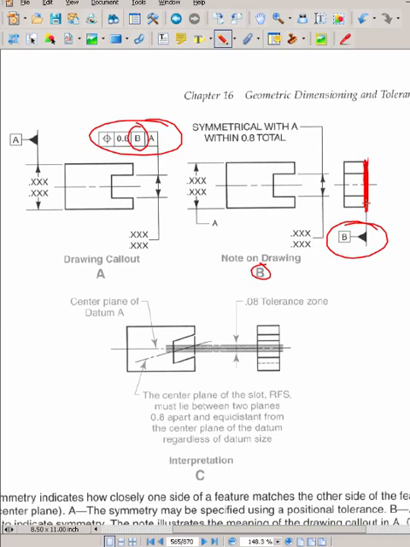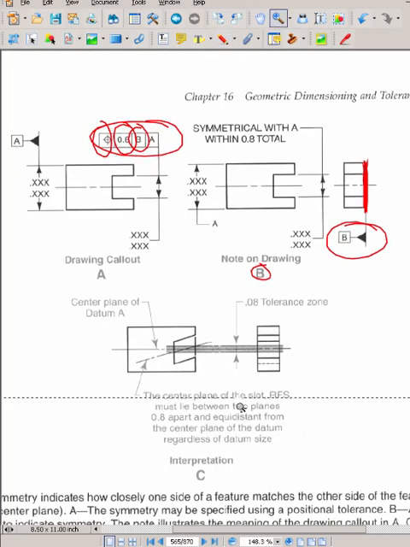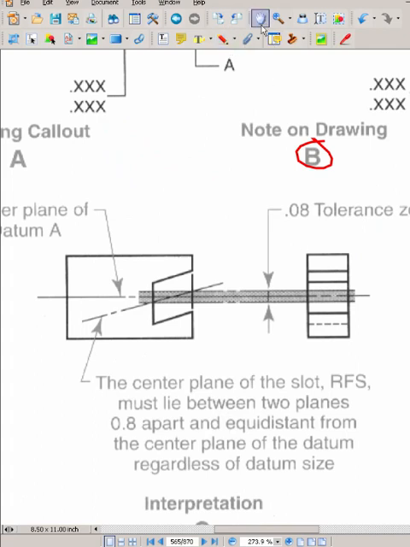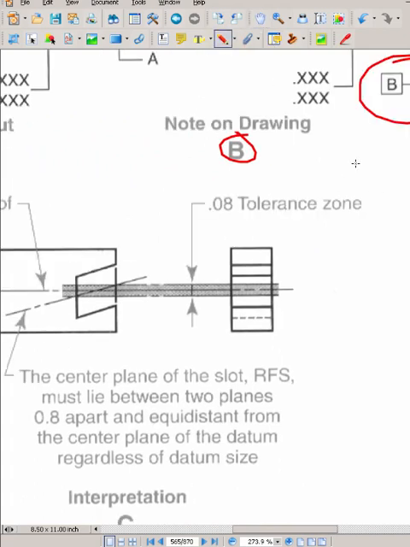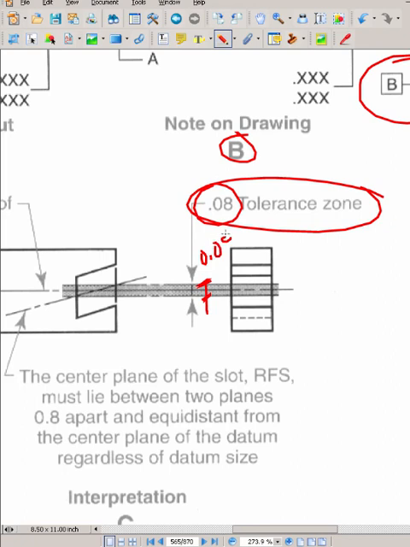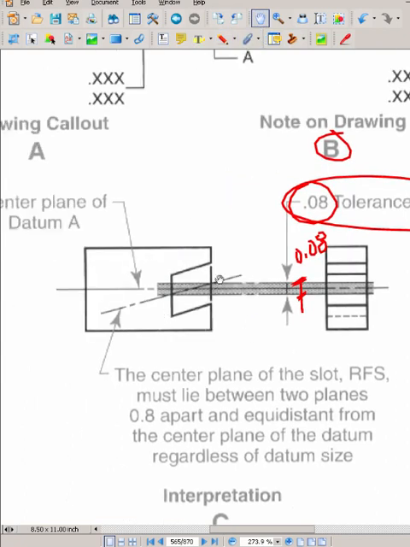Now, position tolerance is the symbol we're given, and the zone is 0.08. So let's take a look at the reality of it right here. First off, we see our tolerance zone. Note the value. It is 0.08 wide, so the distance from here to here is 0.08. That's pretty understandable. And also note that the tolerance check in this case, this is exaggerated of course, is showing that a line of symmetry must lie within that zone for this feature to be correct.